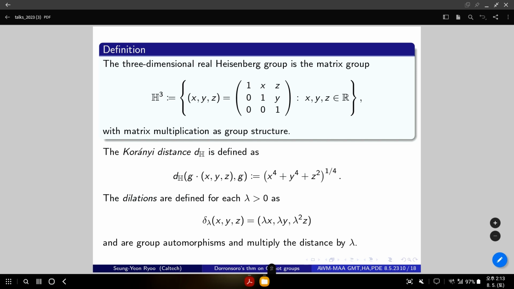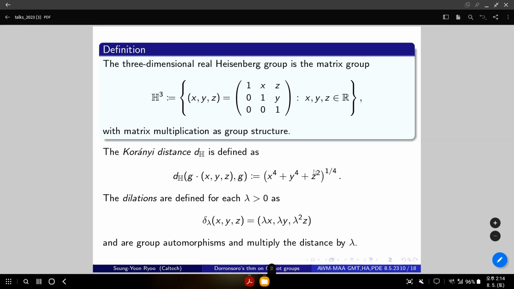And it has an interesting dilation structure: for any positive real number lambda, if you define a map delta sub lambda by multiplying by lambda on x and y and by lambda squared on z, it becomes a group isomorphism from itself to itself, and it multiplies the distance by lambda.